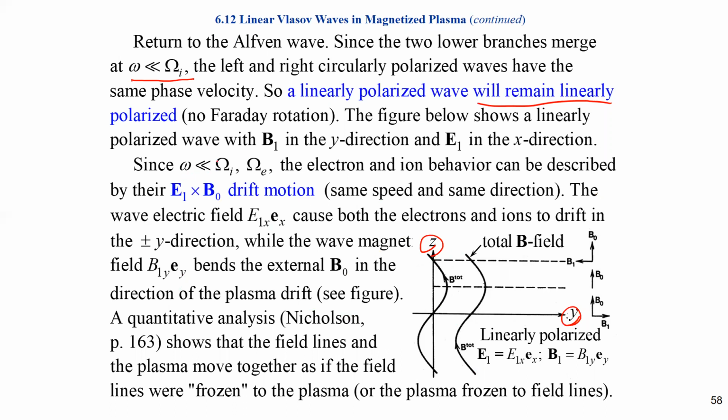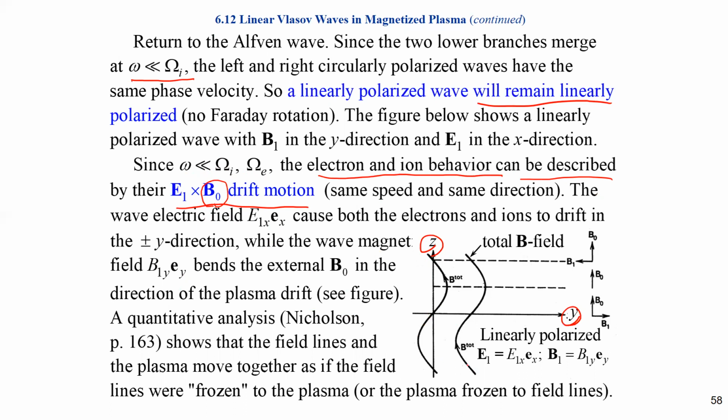Since omega is smaller than omega_i and omega_e, the electron and ion behavior can be described as E cross B drift. And B1 is too small, so it is E1 cross B0 drift. E1 drift, what is the direction?